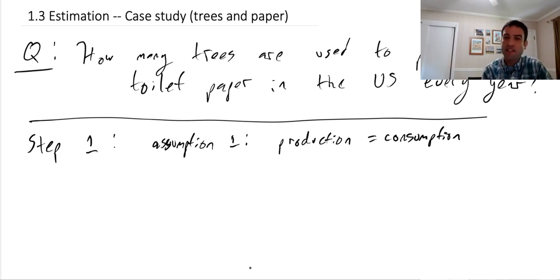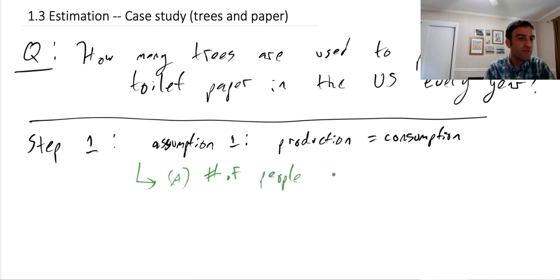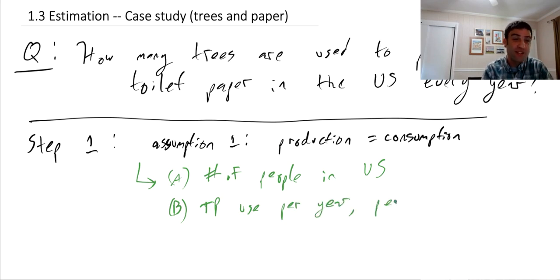So if I make that assumption, then I want to break down my problem into several pieces. I want to say, okay, how many people are there in the US? So A is the number of people in the US. And then maybe I say, if I break this problem down of toilet paper consumption, B is toilet paper use per person.